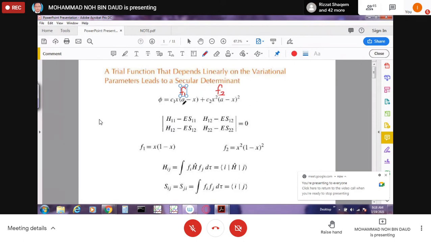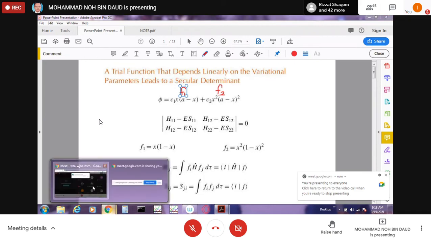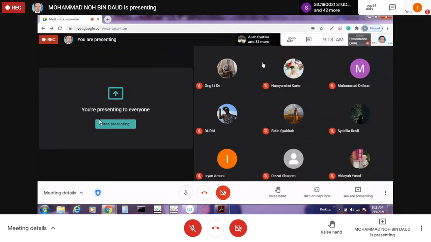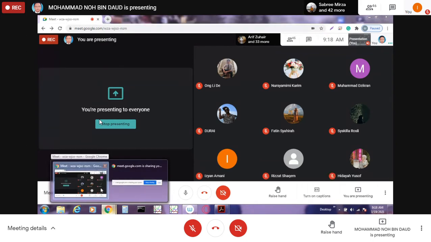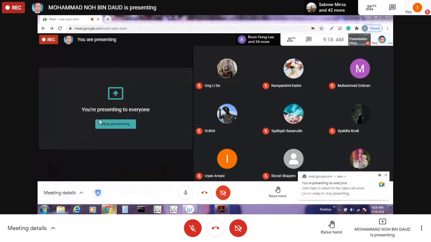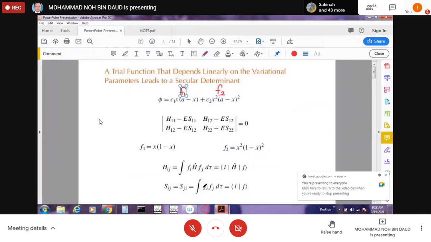Previously we saw that the trial function contains only one basis function. We want to compare our results with the inclusion of a second basis function. This is the second basis function.